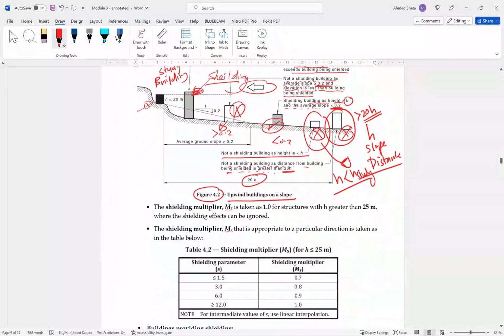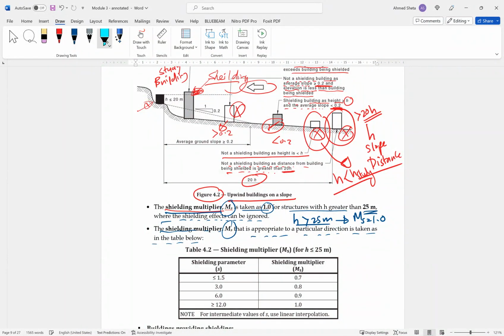Okay, the shielding multiplier MS can be taken as 1 for a structure with h greater than 25 meter, where shielding can be ignored. So if the height is more than 25 meters, MS is 1. The shielding multiplier MS that is appropriate to a practical direction is taken from the table below.